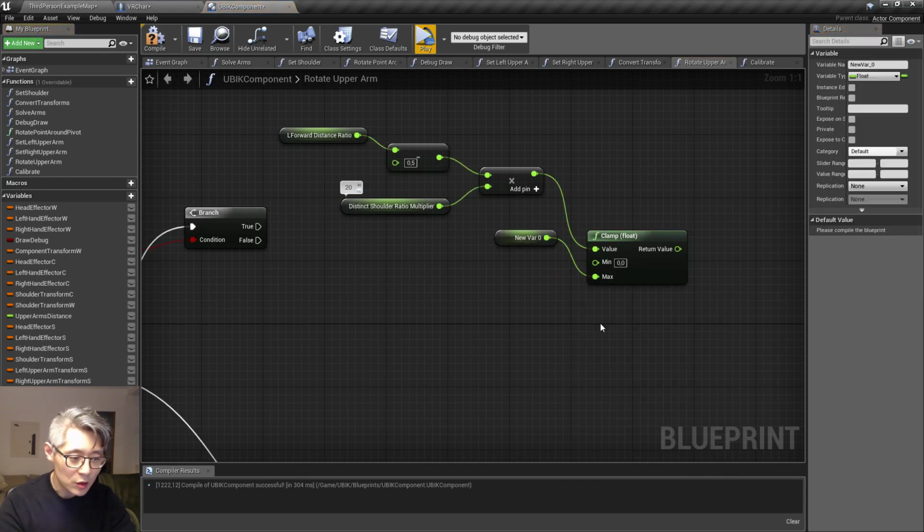So promote this to a distinct shoulder rotation limit. Distinct ratio. This is actually ratio multiplier. This is rotation multiplier, sorry. And this is rotation limit.